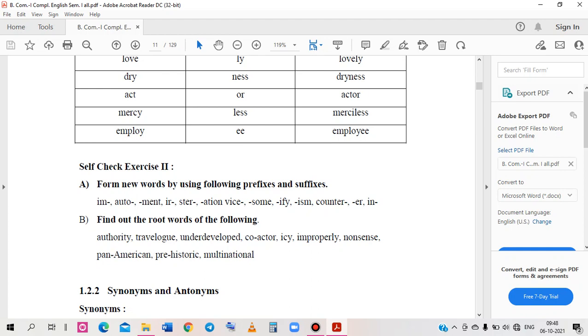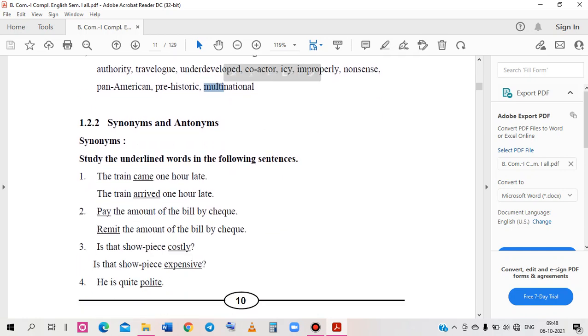Prehistoric, history is a root word, ic is a suffix, pre is a prefix. Then multinational, nation is a root word, al is a suffix, multi is a prefix.